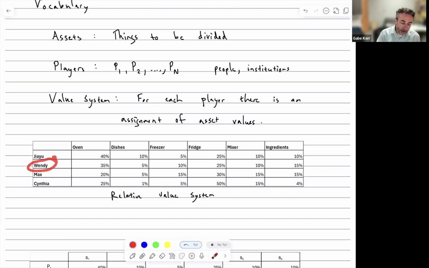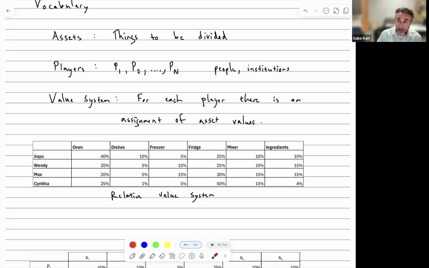So Wendy may consider the value of the oven at 35% of the total value of all of the assets. And she may consider the fridge to have 25% of that total value. So in this system, you'll see that the sum of the percentages along any given row should be 100%. So everything has a relative value to the total amount.